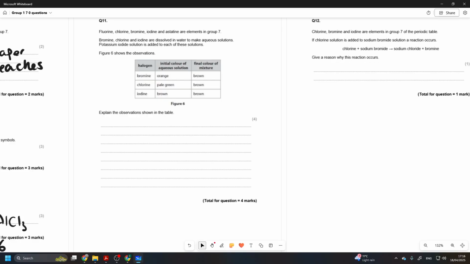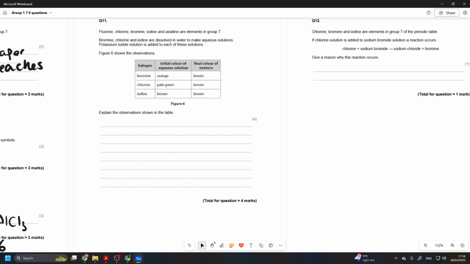Okay, fluorine, bromine, chlorine, iodine, and astatine are elements in group 7. They all dissolve in water to make aqueous solutions. Potassium iodide is added to each of these solutions. Now this is a displacement reaction question, and it's asking you to interpret these results and say what is going on.